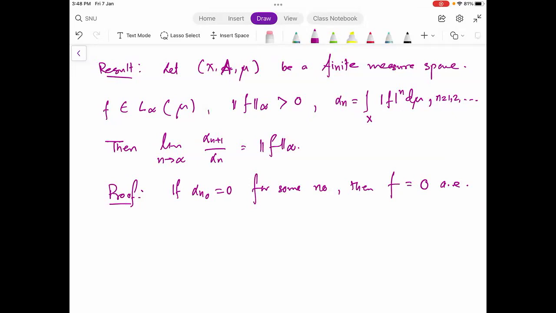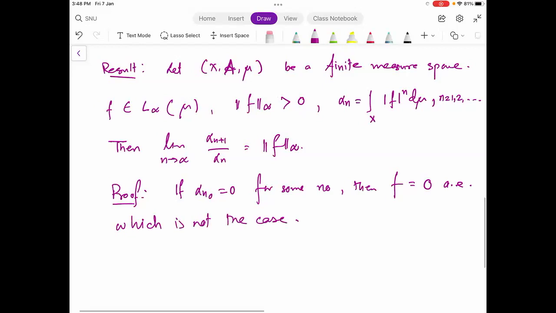If a non-negative function has integral 0, that function has to be 0 almost everywhere. So that's not allowed, right? Because we are given that norm f infinity is positive. So the alpha n's are positive for all n. That's number one.